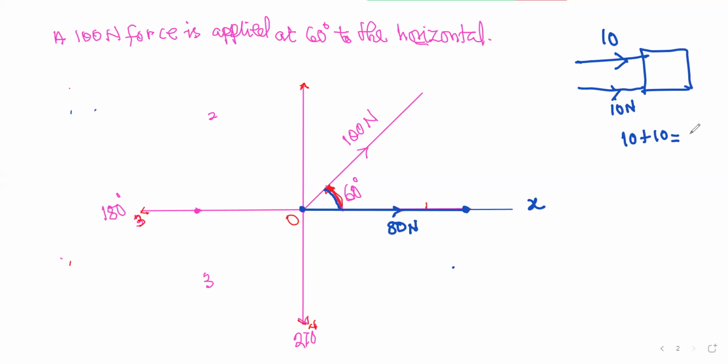So the resultant force is 20 Newton, meaning that what this single 20 Newton force can do, both 10 Newton forces can do the same thing. So it's a single force whose effect is equal to the combined effect of a number of forces in all directions.